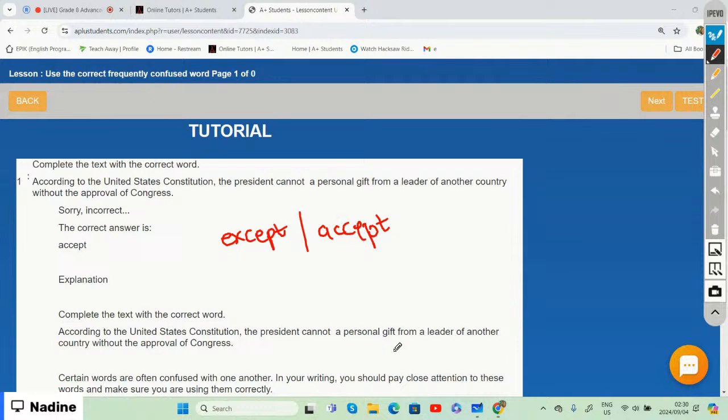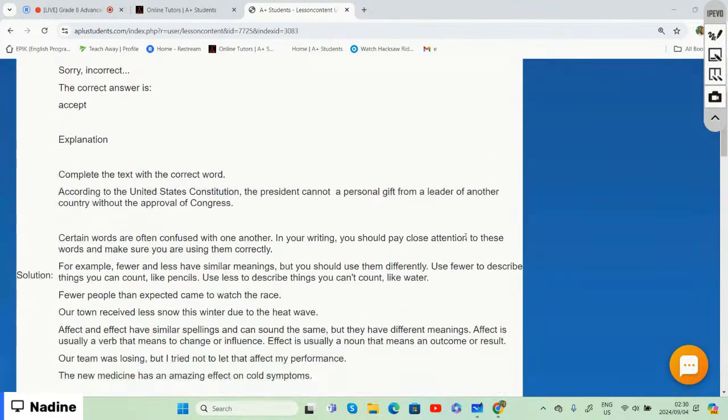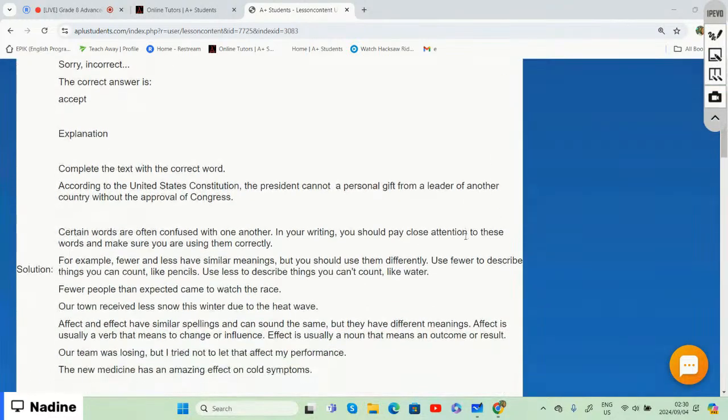And if we were to choose the correct word, then we say, according to the United States Constitution, the president cannot accept a personal gift from a leader of another country without the approval of Congress. So we use the word accept because accept is like you are receiving gifts, right?